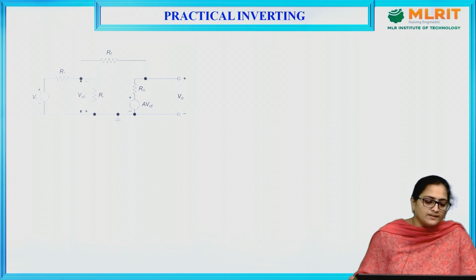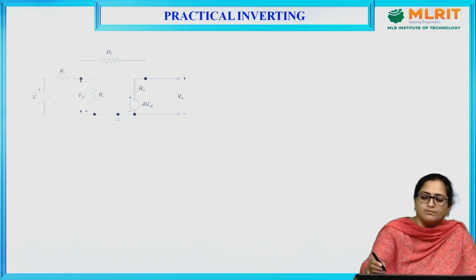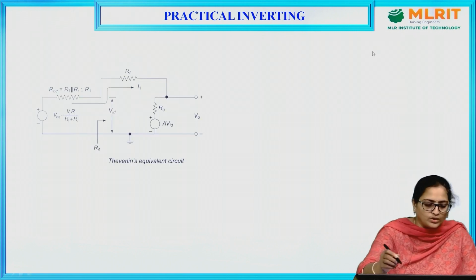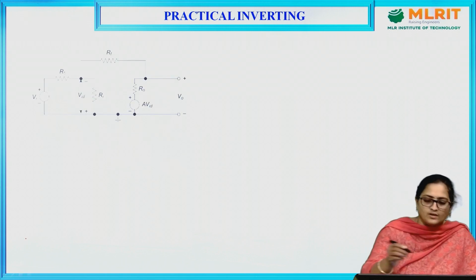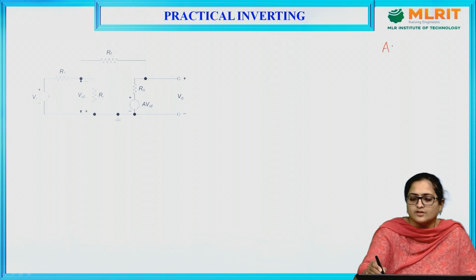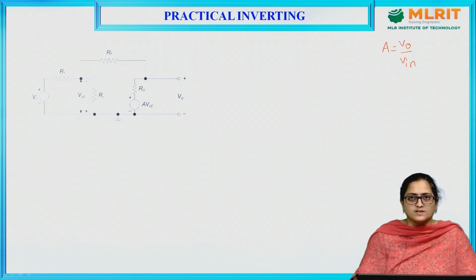So, to determine the gain of a practical inverting amplifier, you need to know what is gain. Gain is determined as ratio of output voltage by input voltage. So, you need to get the complete equations in terms of output voltage and input voltage.